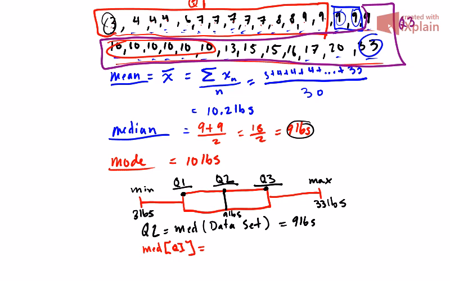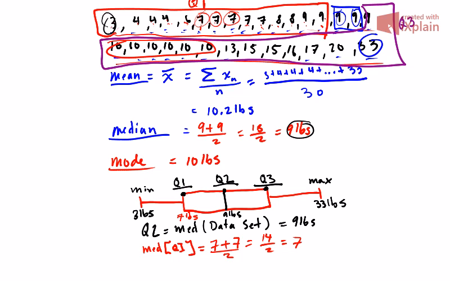Okay, so I know I've got 1, 2, 3, 4, 5, 6, 7. Now I've got 5 on this side. Do I have 5 on this side? The answer is no, so I have to leave 7 over here. So I'm going to take this 7. So now I'm going to have 1, 2, 3, 4, 5, 6 and 1, 2, 3, 4, 5, 6. So I'm going to add 7 and 7 together. So 7 plus 7, divide that by 2, equals 14 divided by 2, because it's even. And you find that the median of Q1 is 7 pounds. Okay?